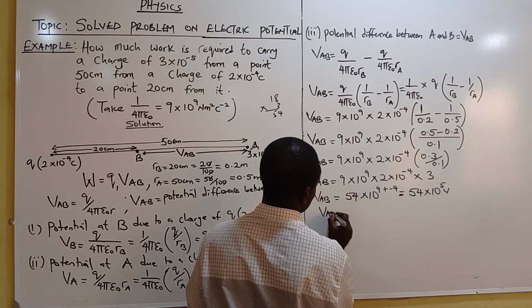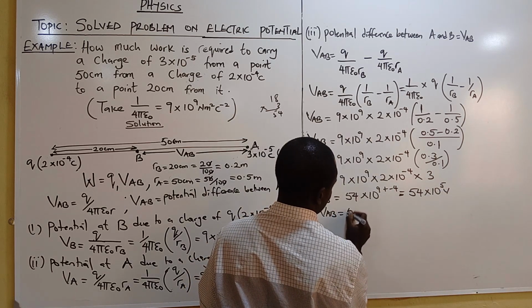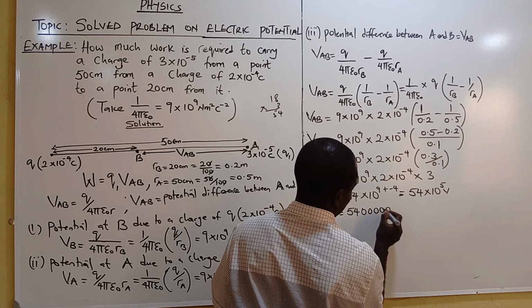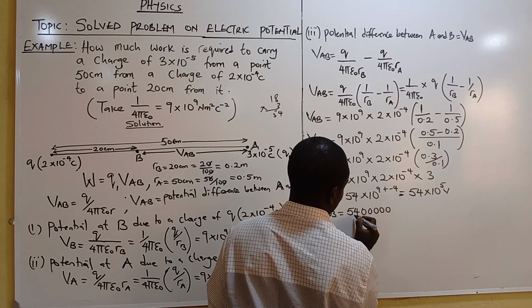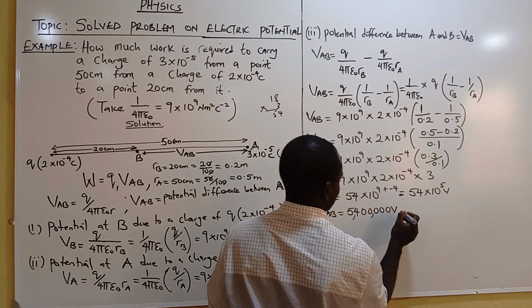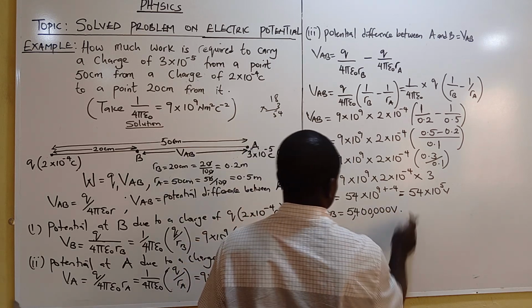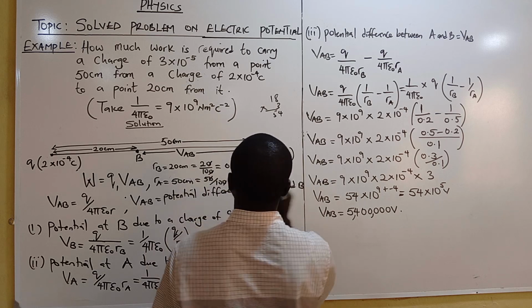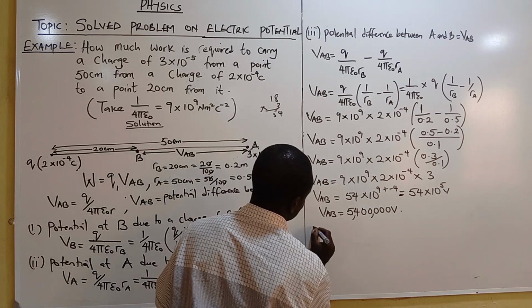It can still be written as VAB equals 5,400,000 volts. Now let's come to the work done in carrying this charge.